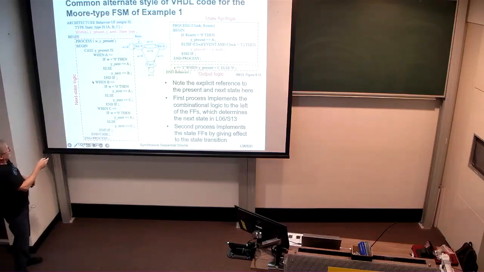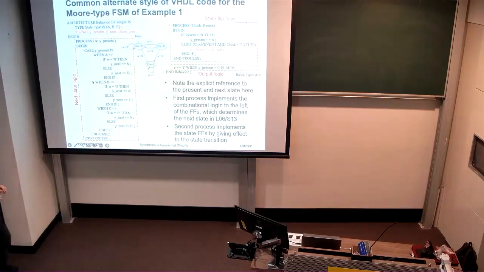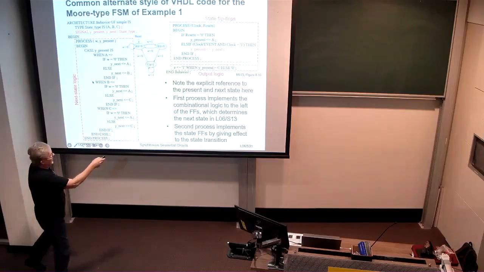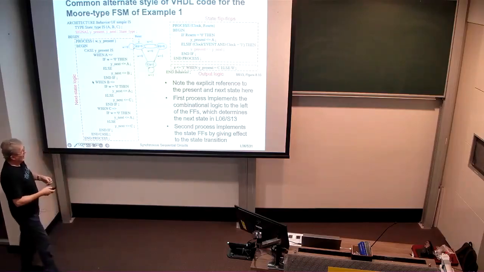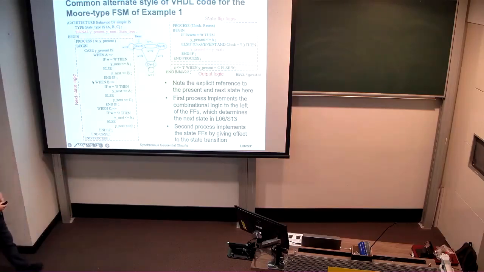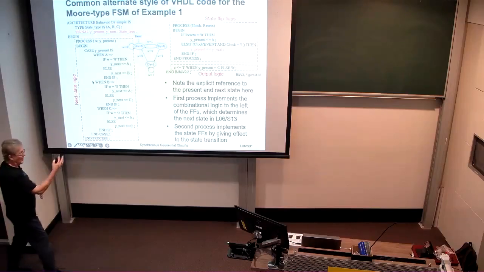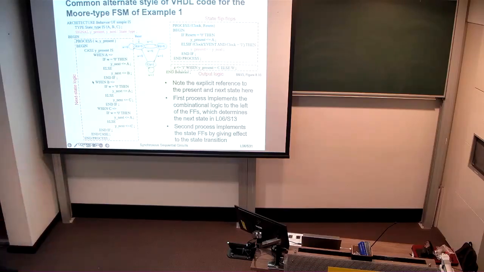So this is the next state logic that determines what the next state input to the flip-flop should be. Over here we have the state flip-flops being realized, which assign the next state to the present state. And finally we have the output logic down the bottom here, which really just defines the output in terms of the present state for this Moore machine that we see.